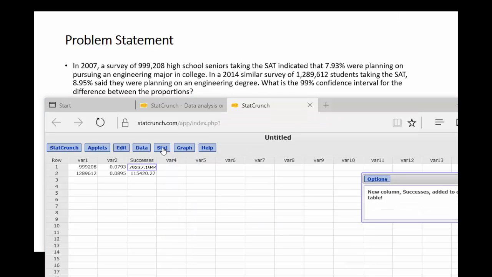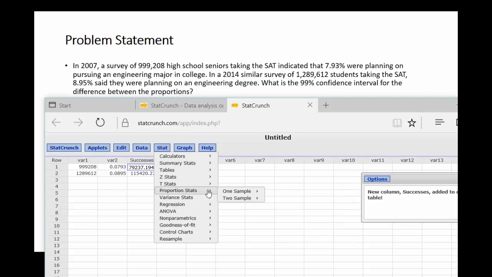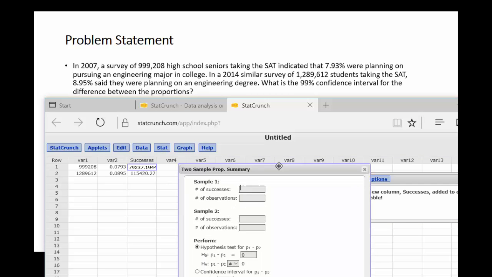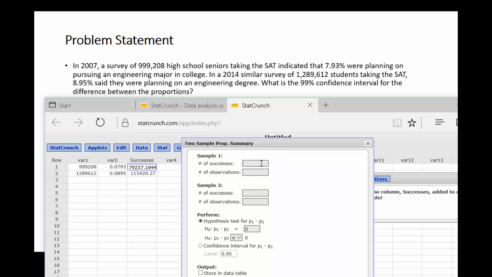Okay, now let's go back to Stat, Proportions, to Sample with Summary. Bring that up, and the number of successes in the first trial is 79,237, and the number of observations is 999,208.